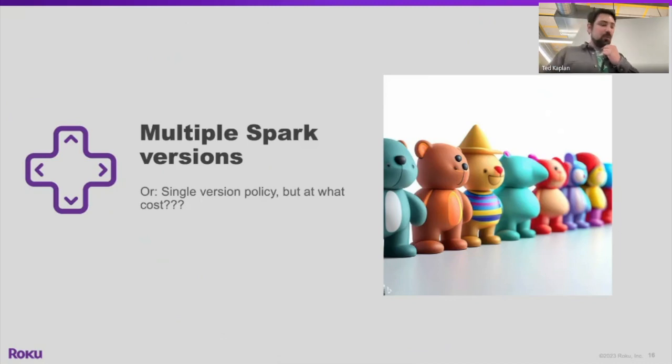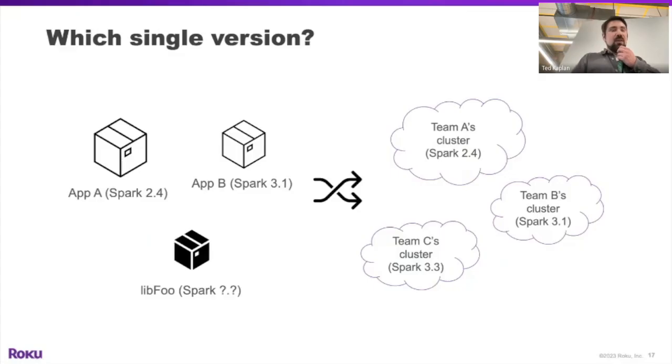But we also have multiple Spark versions to deal with. And Bazel tends to work better if you follow a single version policy, and this totally breaks that, by necessity. So, Spark has its own runtime environment.